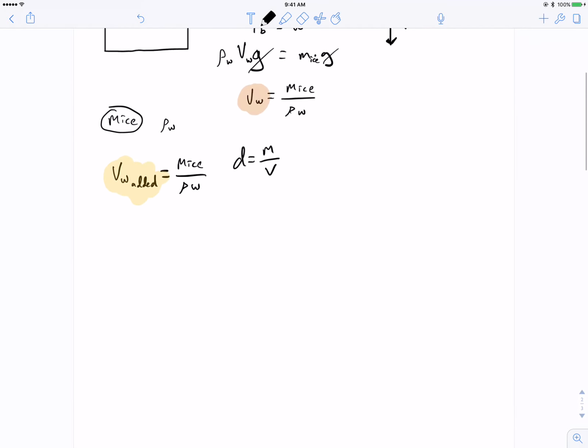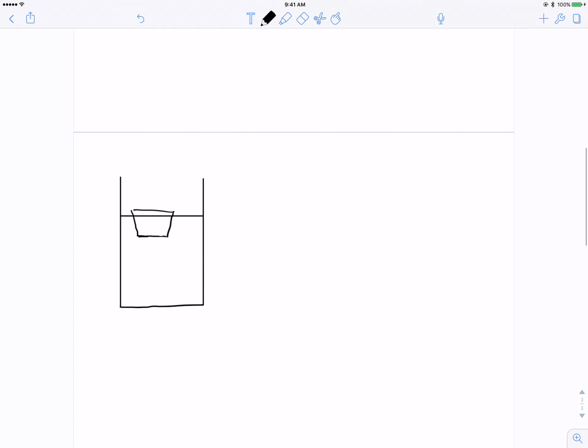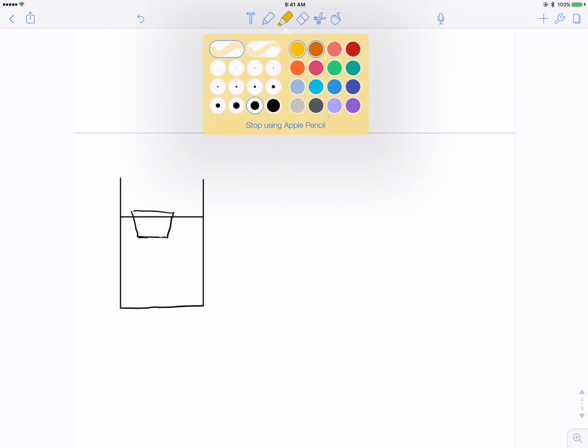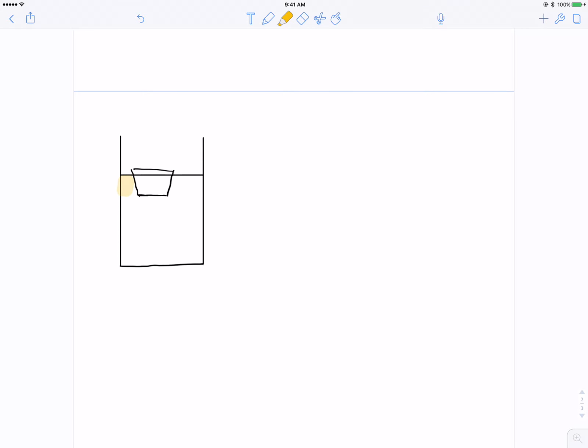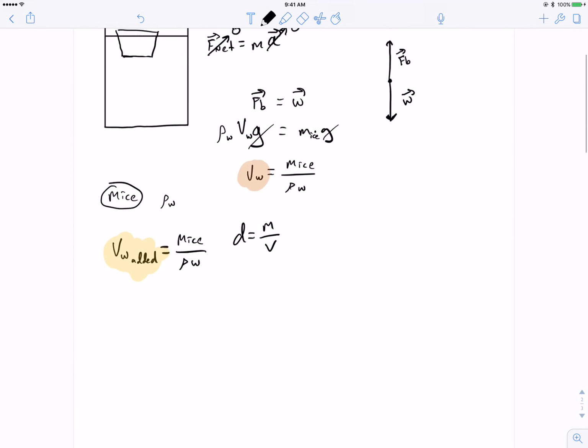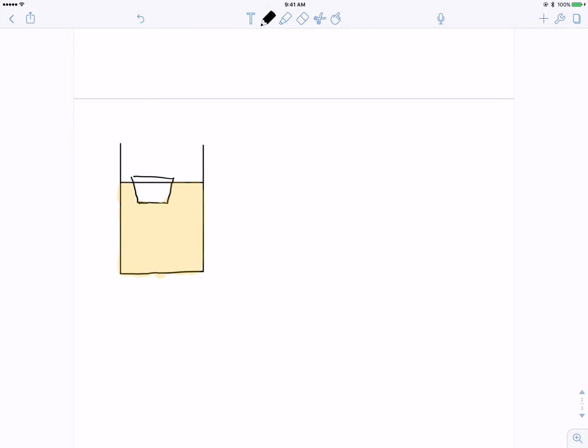So that's not a very interesting question. Let's think about if this ice cube is now floating in lemonade. We've already done some of the work here, so let's just write out our equation. Buoyant force is going to equal a weight force again.